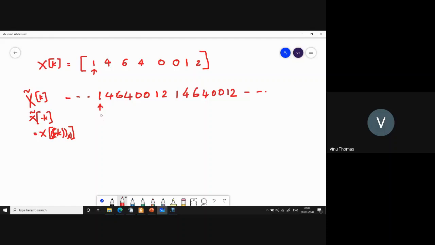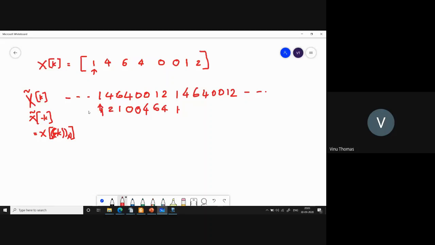What would be x tilde of minus k? I have to reflect this, right? So this would be 1. What would be the next value? This would be 4. I reflect this: 6, 4, 0, 0, 1, 2, 1.